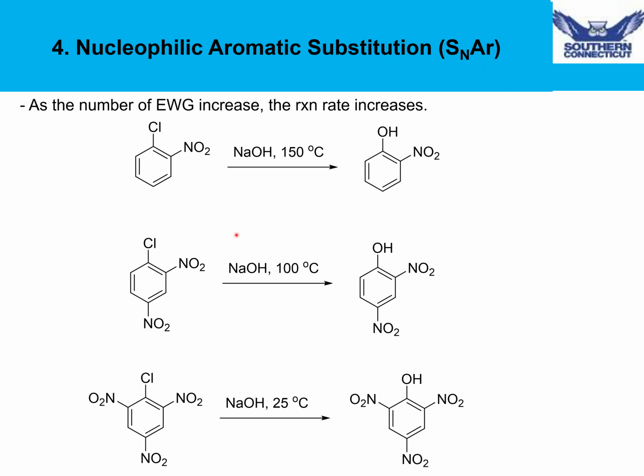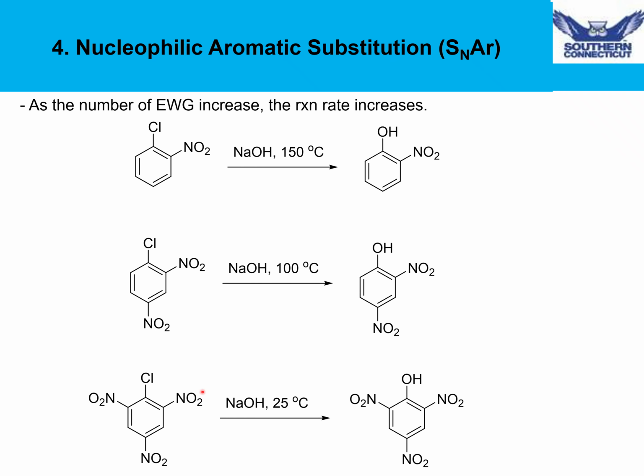We can lower the temperature when we add a second nitro group, one at the ortho and one at the para position, and do the same type of substitution reaction. When we add 3 nitro groups, 2 at the ortho positions and 1 at the para position, we can do the reaction at room temperature.